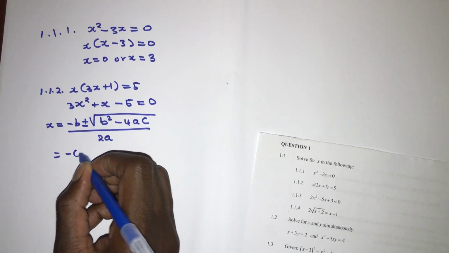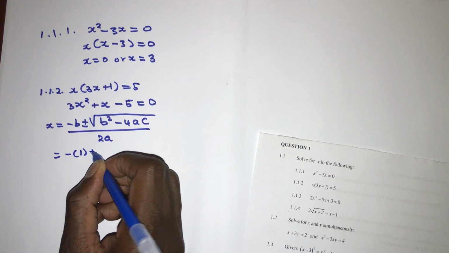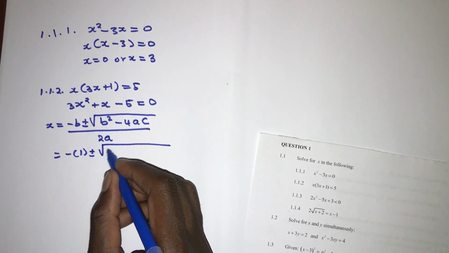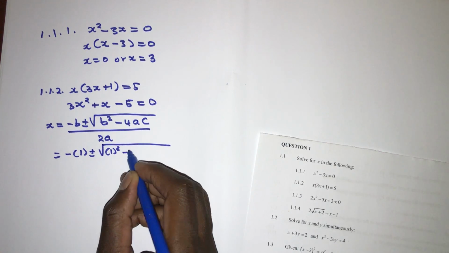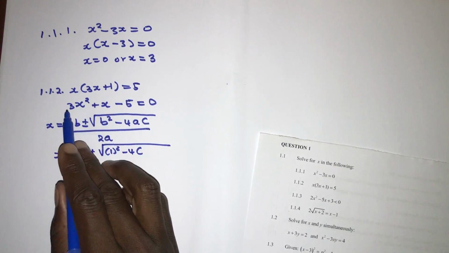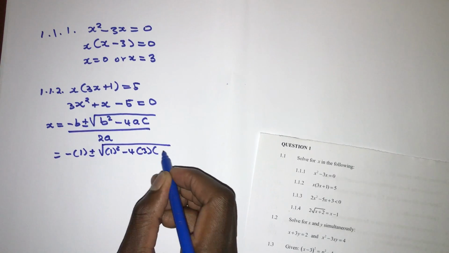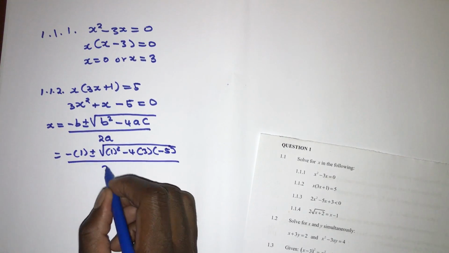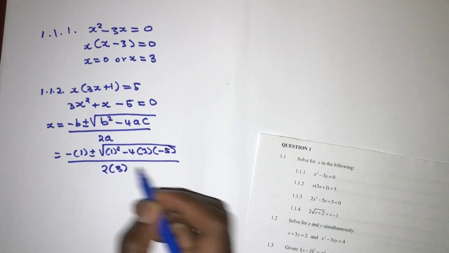So negative b as 1 plus or minus the square root of b as 1 squared minus 4, a as 3, c as negative 5, and then we divide by 2a as 3.